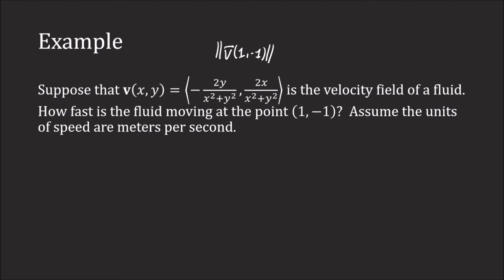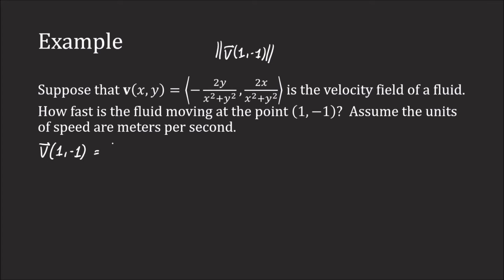There are two ways we can go about doing this. We can calculate the magnitude of v of x, y straight up, and then plug in 1, negative 1, or, and in my opinion a much simpler way, first calculate v of 1, negative 1.